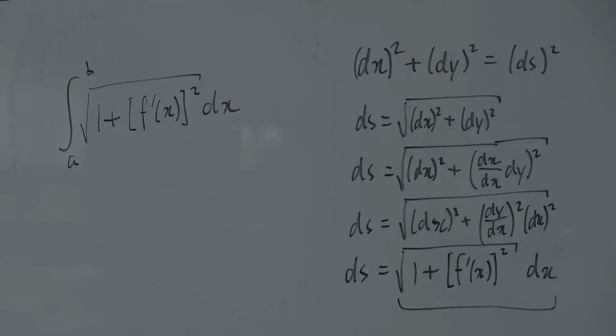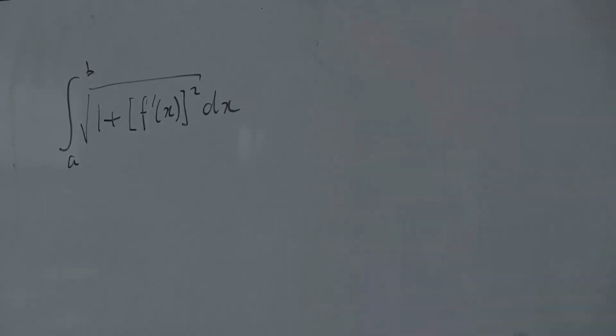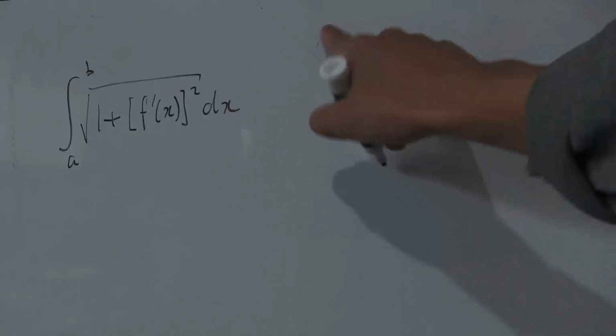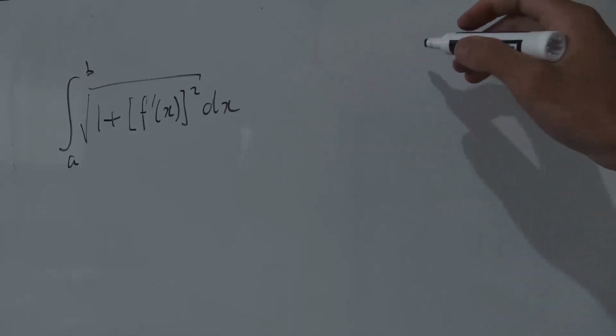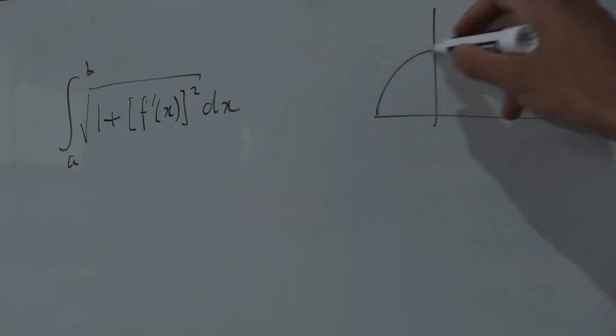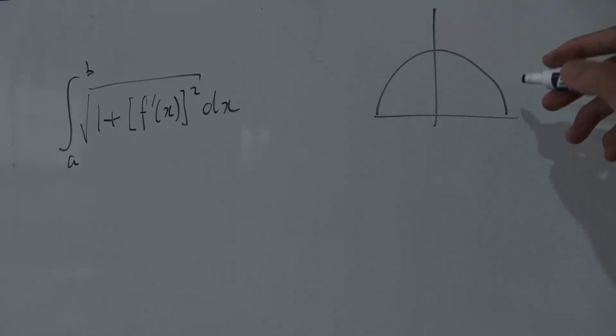So there we go. Now I'm just going to get into a quick example here, just to show you that it works. So let's just consider a function. An easy function to do is a semicircle. So this is the function I'm talking about. We have a semicircle.